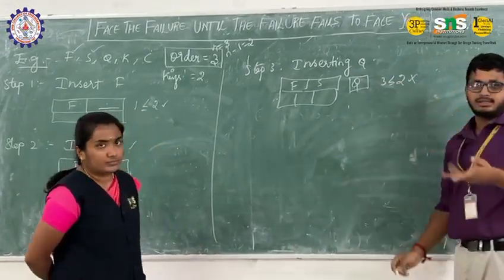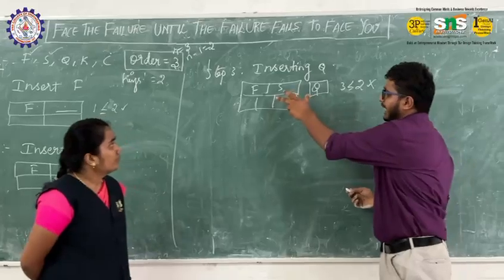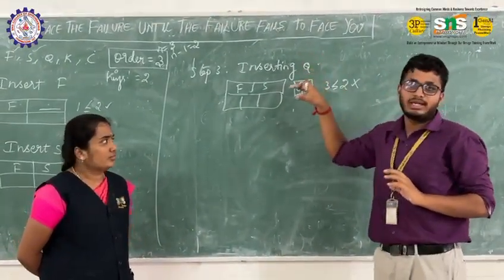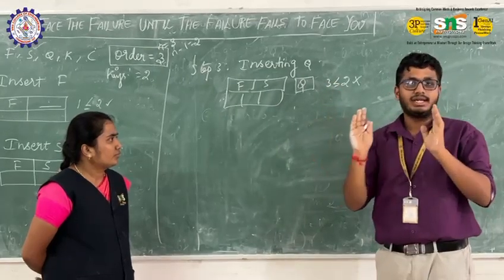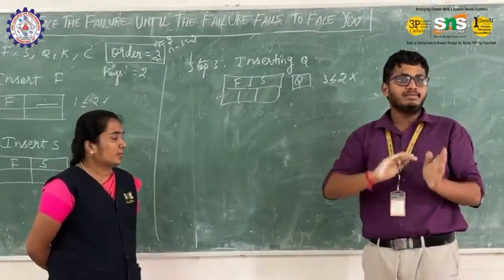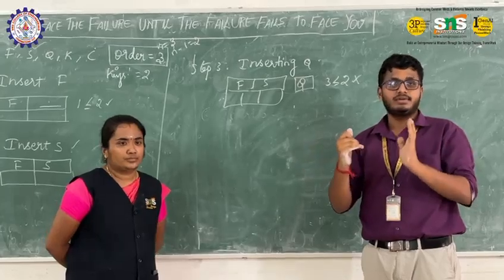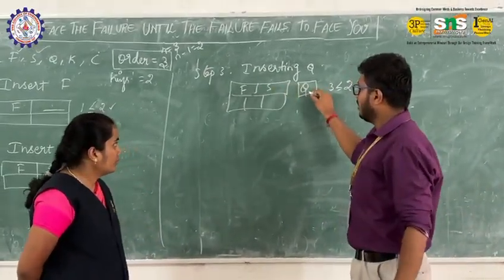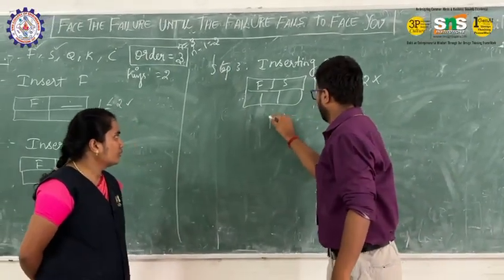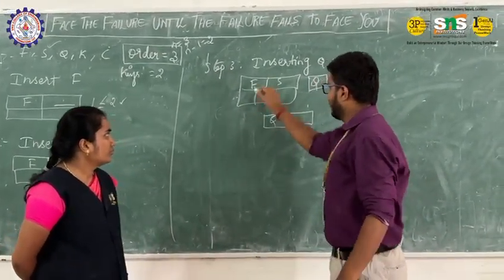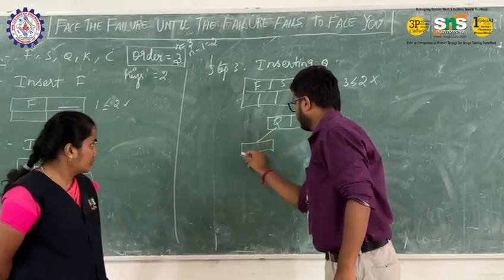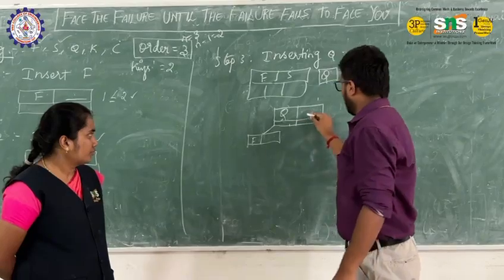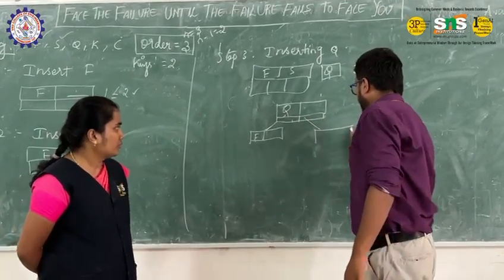To avoid this violation, we need to take the middle element from these 3 elements and place it in the root, following the binary search tree: the root value will be in the middle, lesser elements on the left side, and greater elements on the right side. The middle element is Q. F is less than Q, and S is greater than Q.